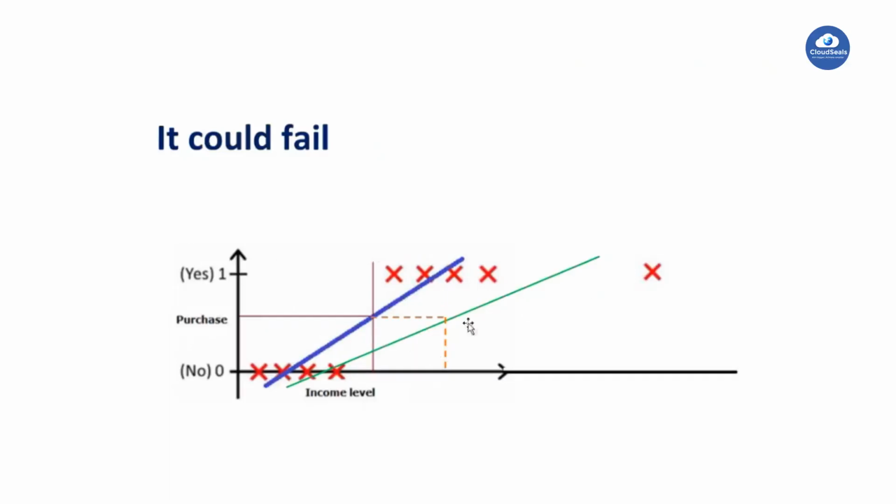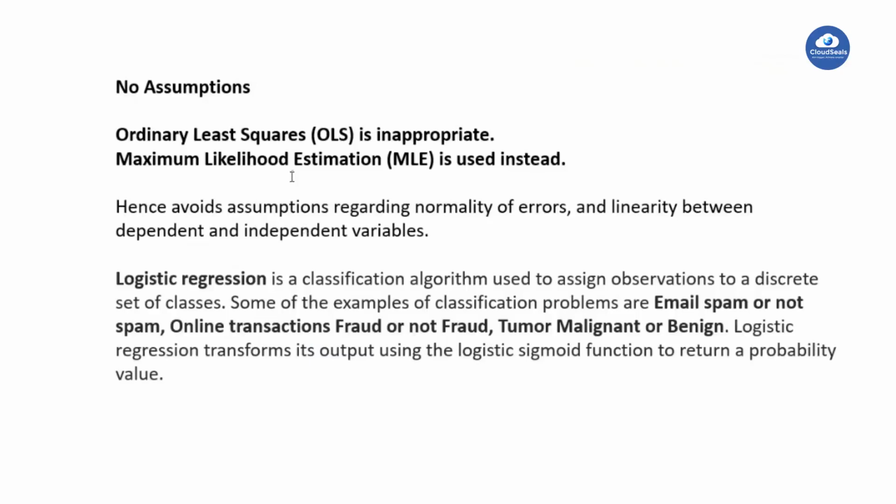If we have data like that, linear regression won't give results as expected. But coming to logistic regression, there are no such assumptions. Logistic regression works whether it is linear data or non-linear data. Linearity and non-linearity won't impact logistic regression.